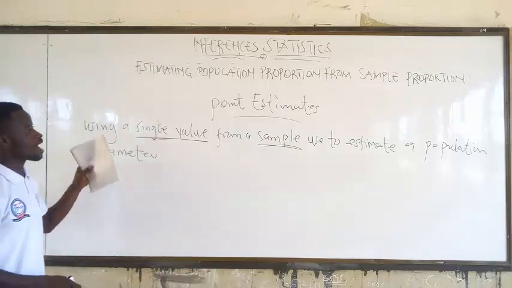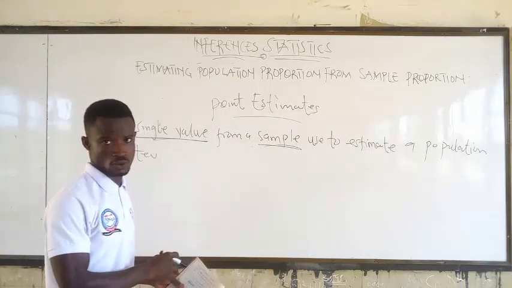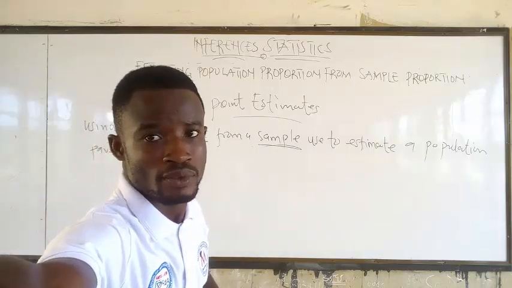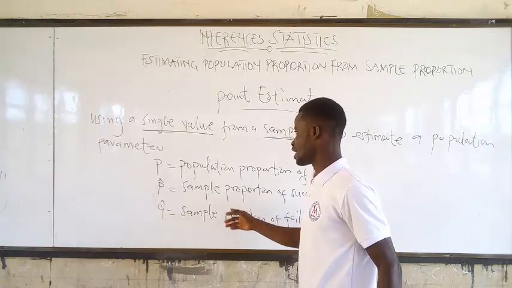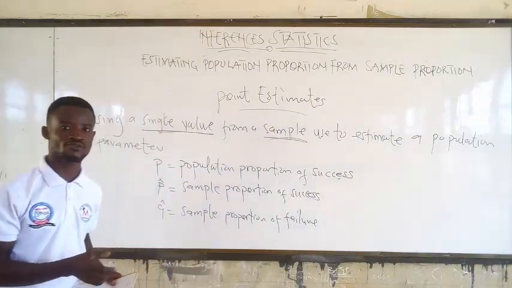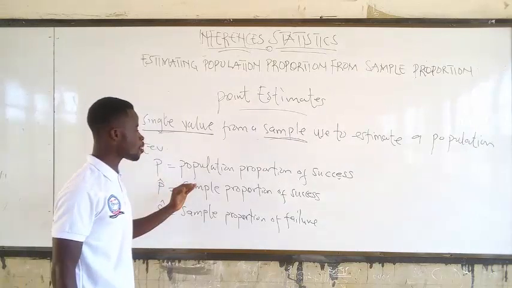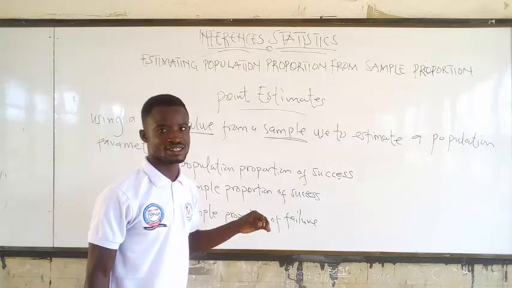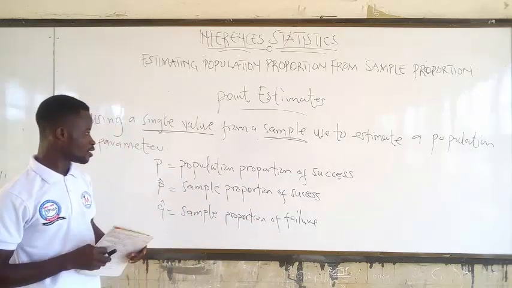Good. So now, under this point estimate, this is what you also need. Alright, so there are some key things that we have to define here. Anytime we see P here, we are talking of population proportion of success.